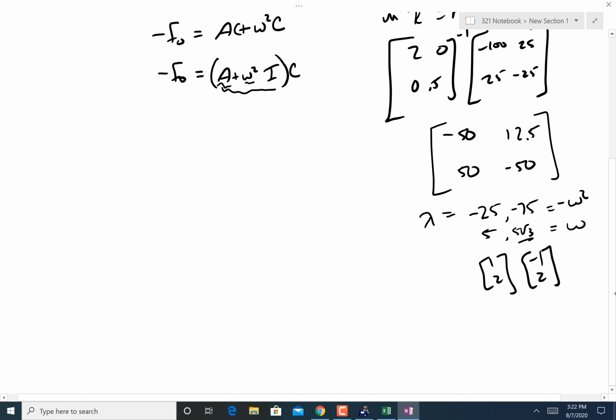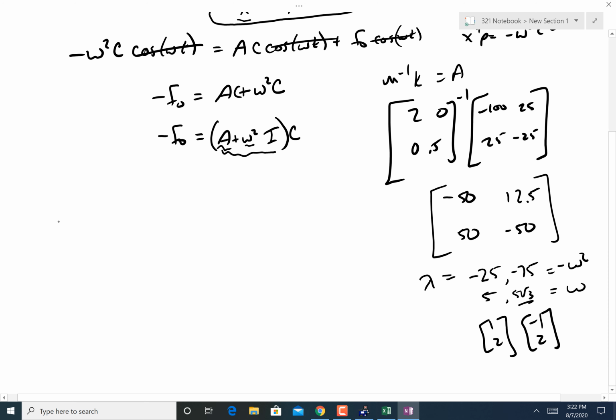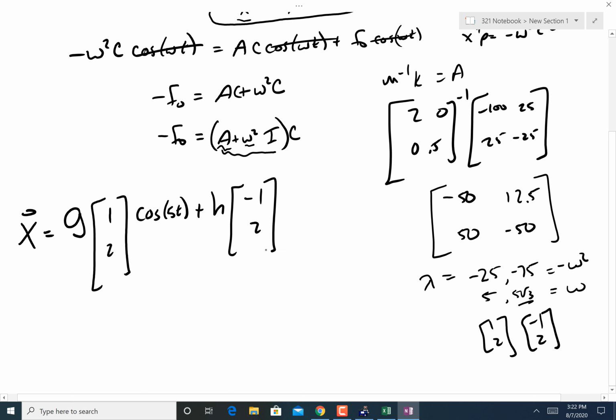Now, that's kind of a big deal. We know our solution will always be of the format some G times 1, 2 cosine of 5t, plus H times negative 1, 2 cosine of 5 root 3 t, plus what we don't know, our C1 and C2, which we'll solve for in just a moment, times cosine of 10t.